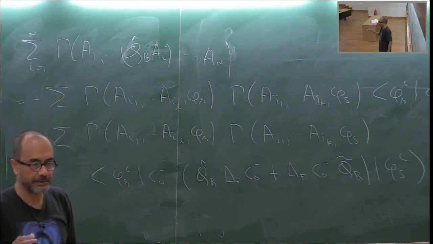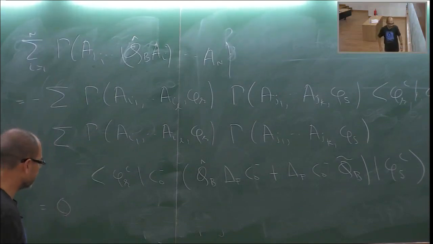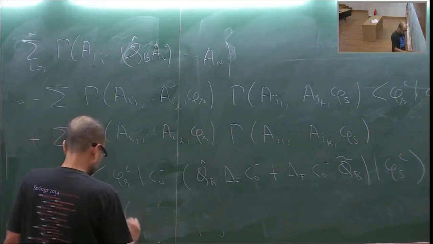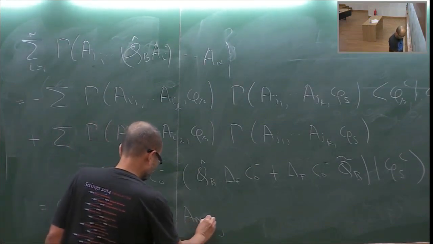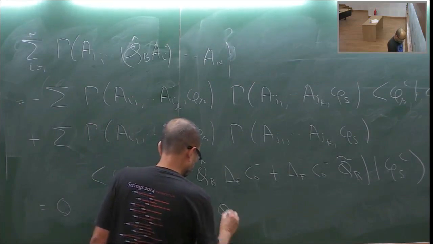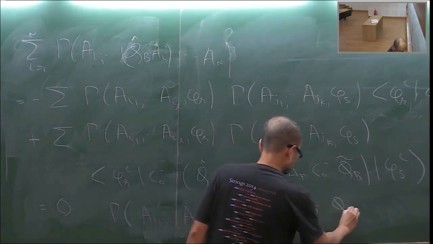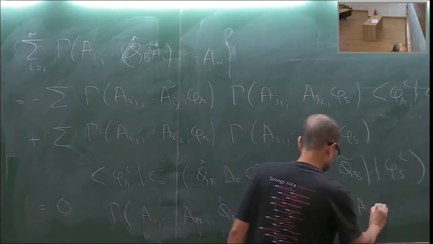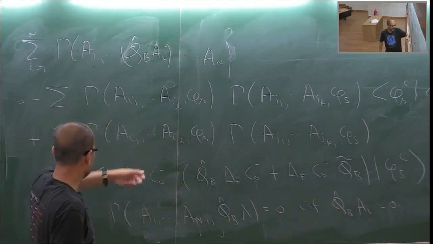Because you can transfer the QB hat onto the physical states and those just annihilate the physical states. So gamma of A1 to A(n-1), QB hat lambda is 0 if QB hat A_i equal to 0. So this is the immediate consequence of this identity.